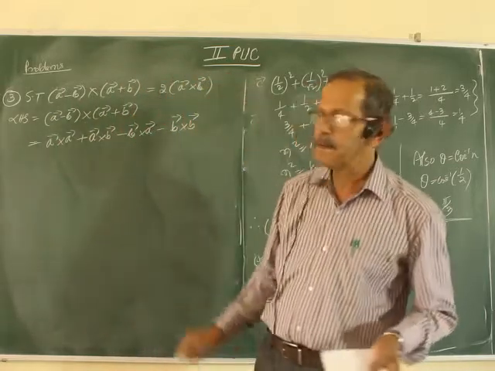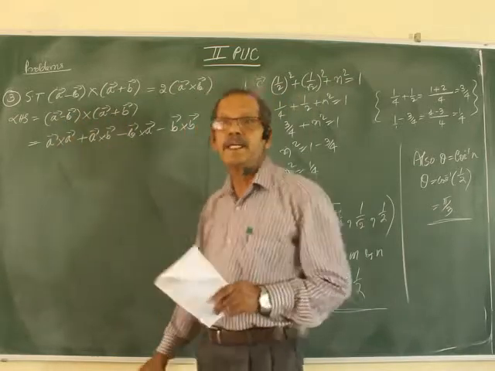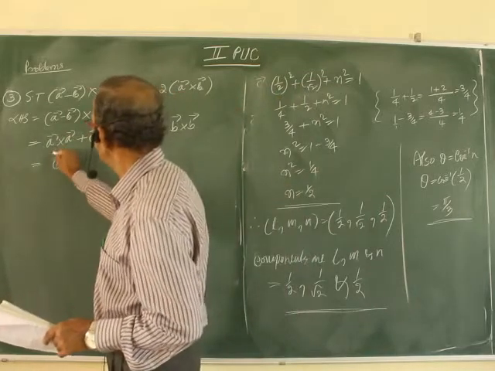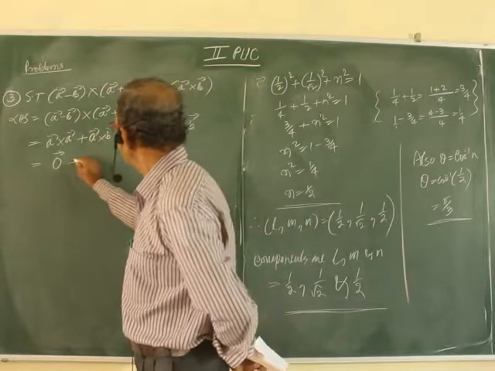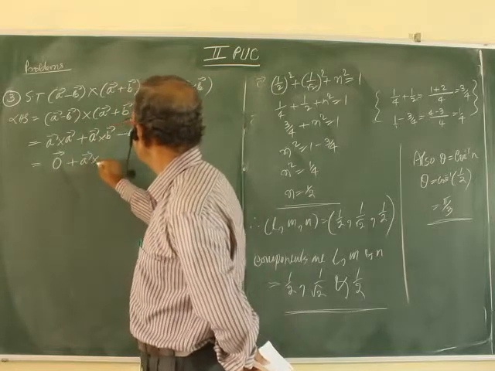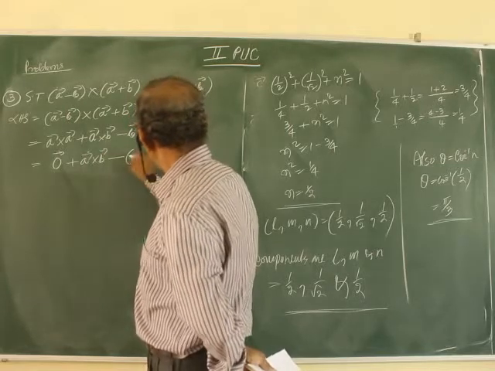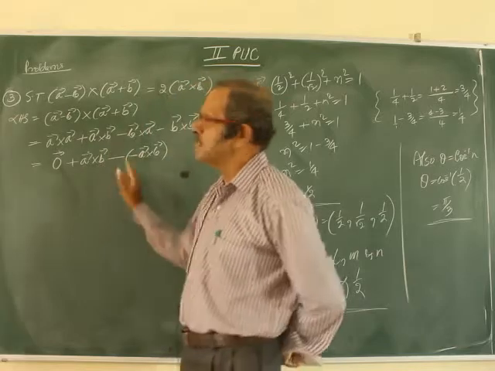Remove the bracket by multiplying both the terms by first A, after that by minus B. Now, you know A cross A is always 0 vector. The relation between A cross B and B cross A is minus. You can interchange the vectors with the opposite sign.